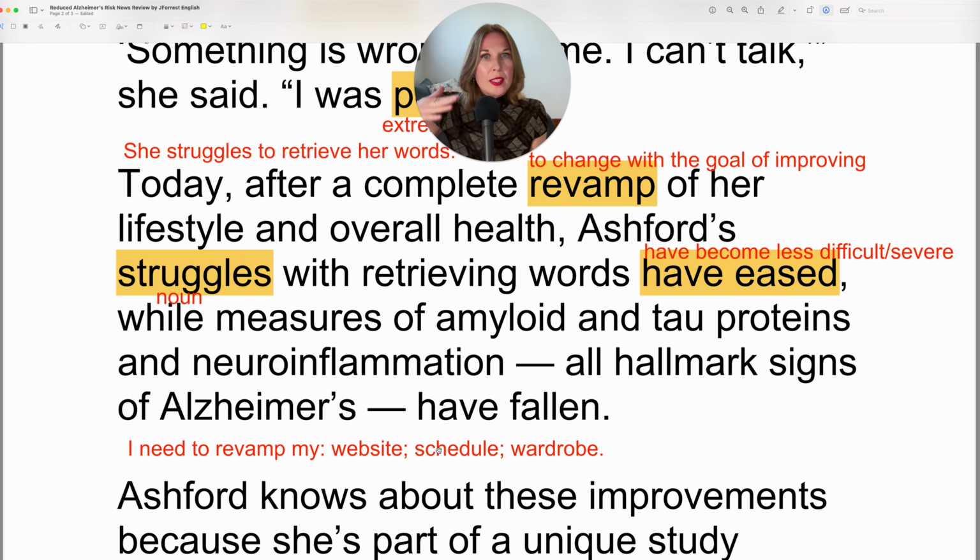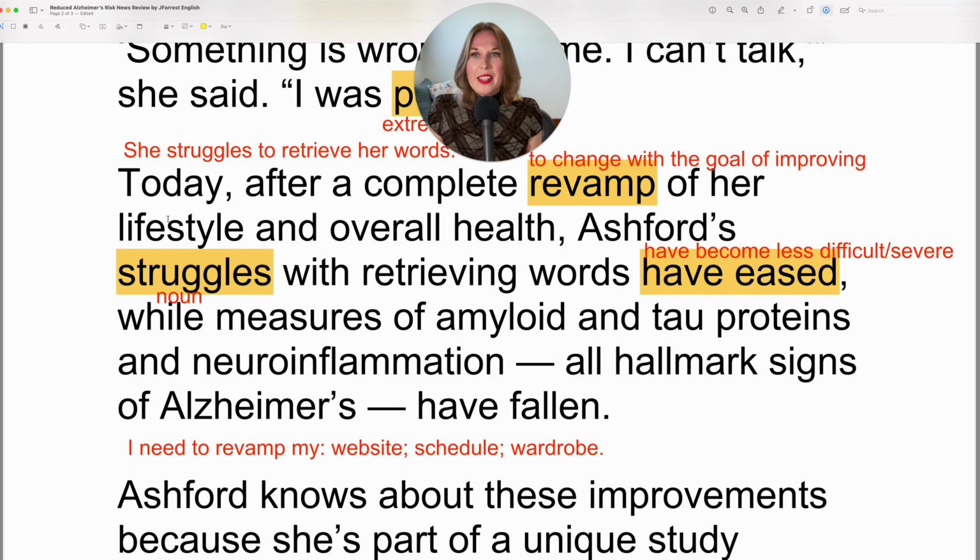Maybe it's your schedule when you do things because you have no time to study English. So you need to revamp your schedule. Or your wardrobe. Your wardrobe represents all the clothes available to you. So everything in your closet or drawers, that's your wardrobe. So you throw out all your clothes, you donate them, and then you get new clothes, you revamp your wardrobe.